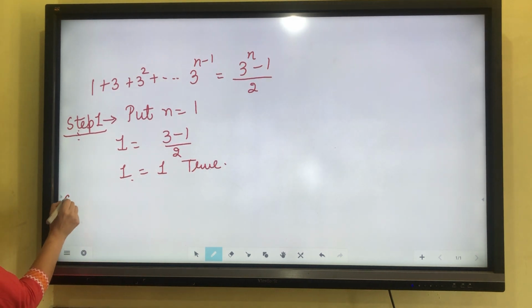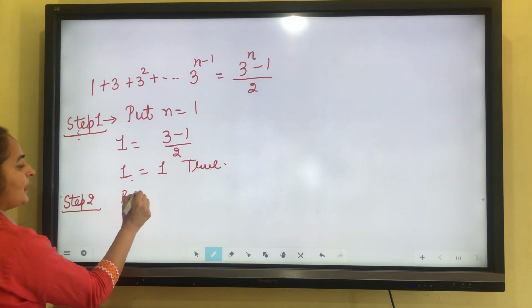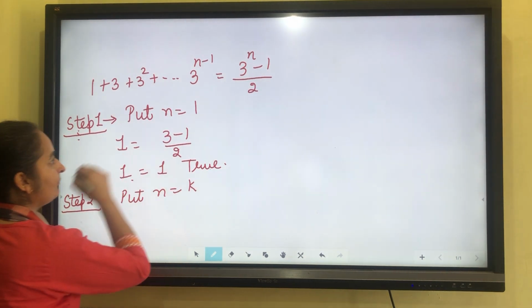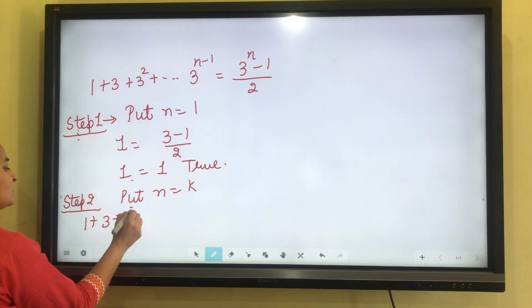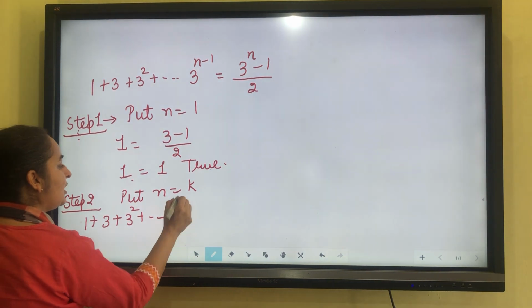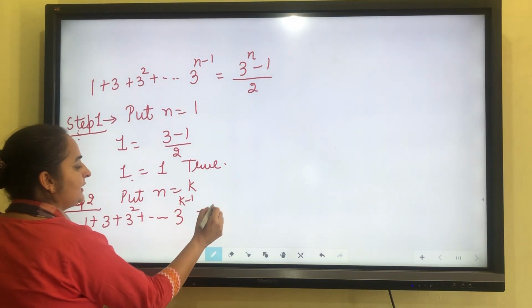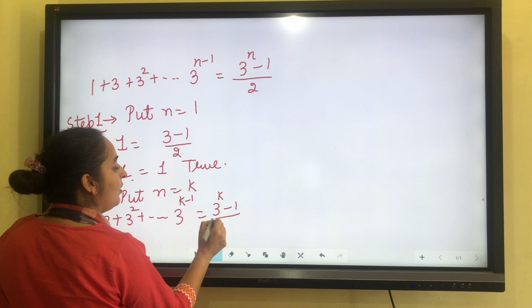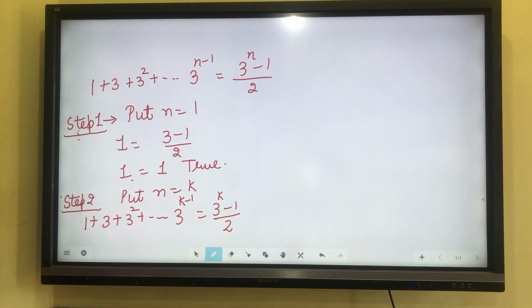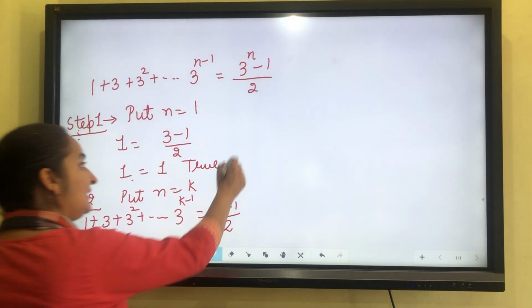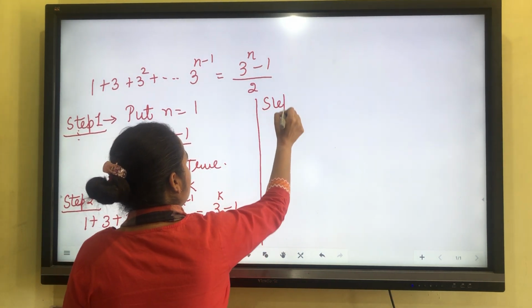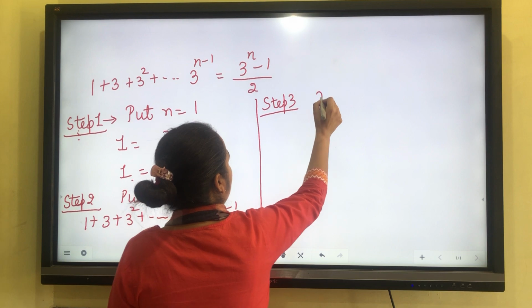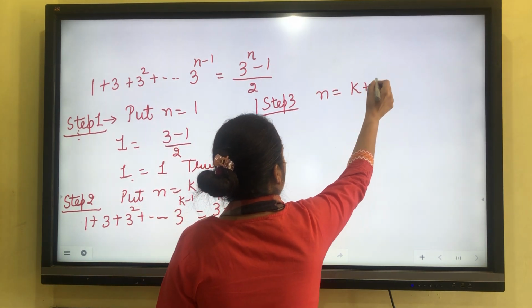Now, for the second step, put n is equal to k. There is no change in the question, a little bit of change, that is, instead of n, I am using here the value of k. And the main step is the third step. Now, what is the third step here? Put the value of n is equal to k plus 1.